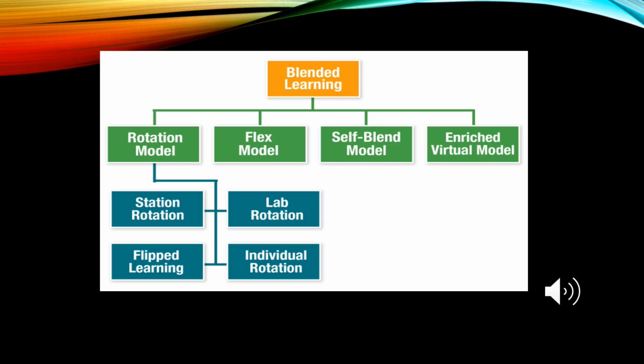The other model that can be used easily in an elementary school is the flex model. In this model, online learning is the backbone of instruction. Face-to-face instruction is provided on an as-needed basis for students and may vary from week to week.